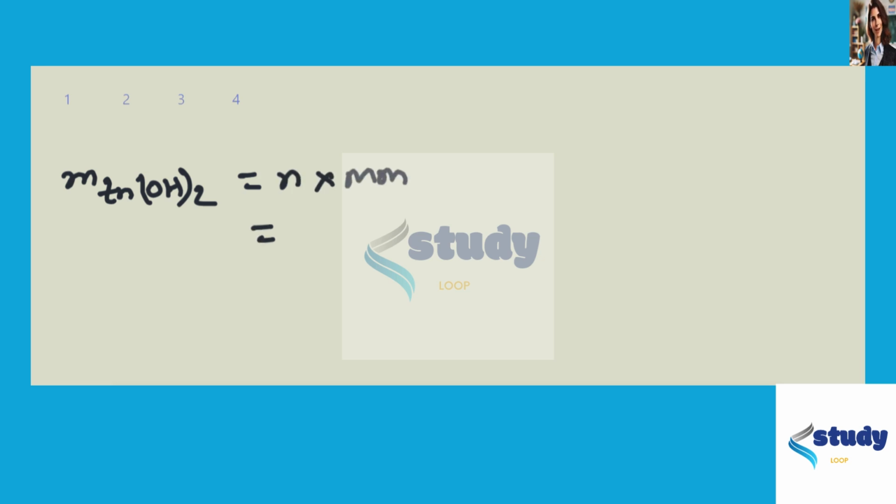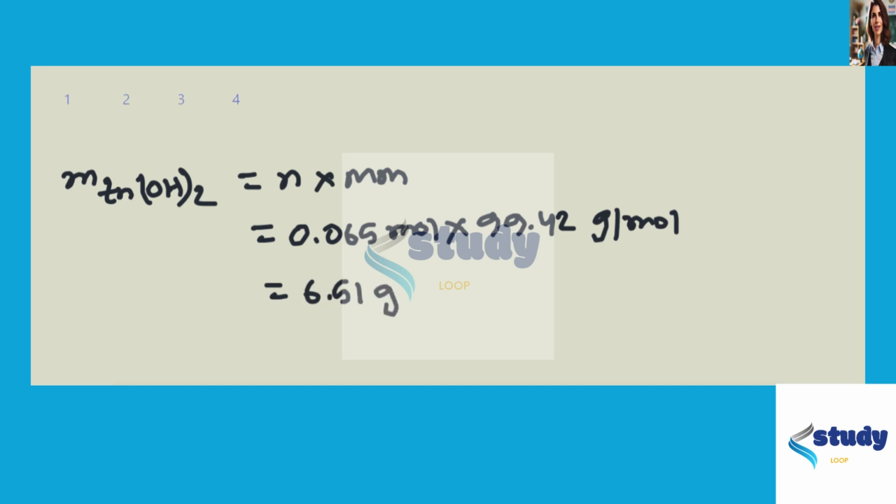The number of moles we have just calculated as 0.065 mole, times the molar mass of zinc hydroxide, which we calculate to be 99.42 gram per mole, and it will give us a value of 6.51 gram of zinc hydroxide. So this is the mass of zinc hydroxide we just added to the solution.